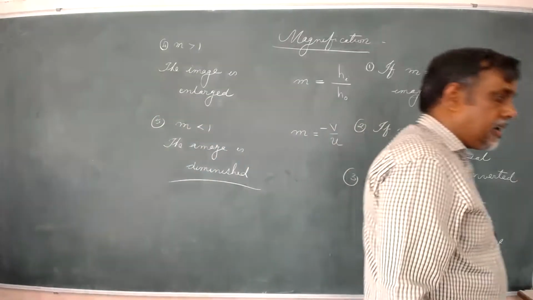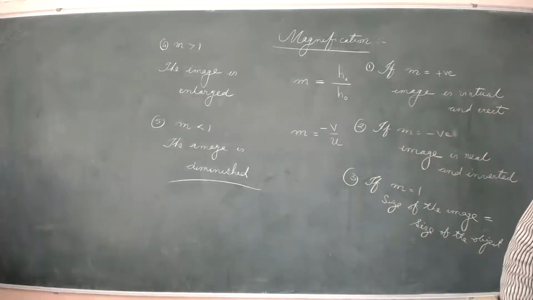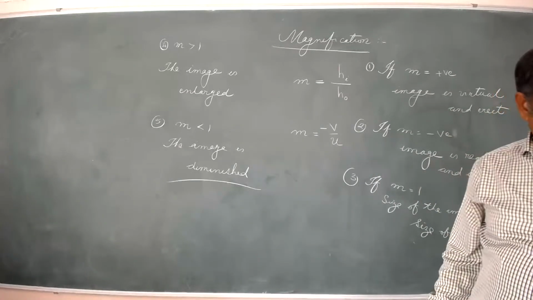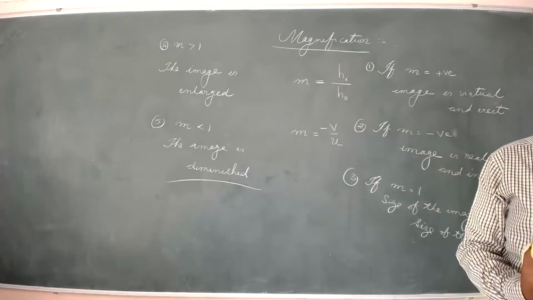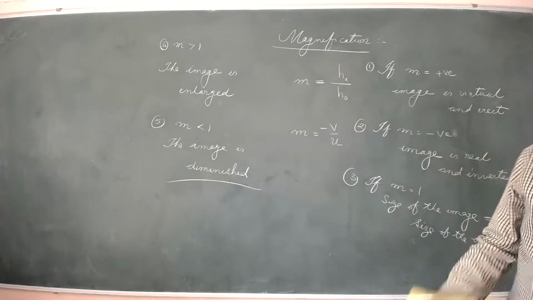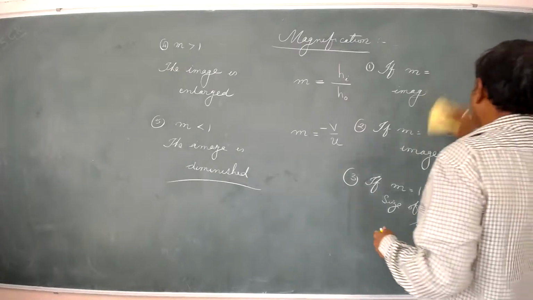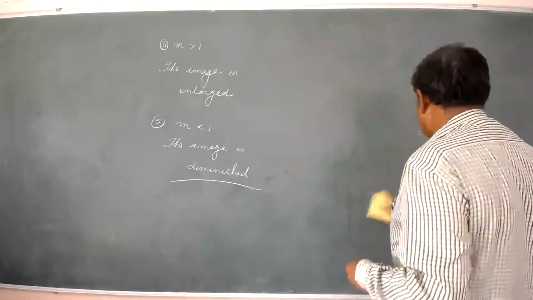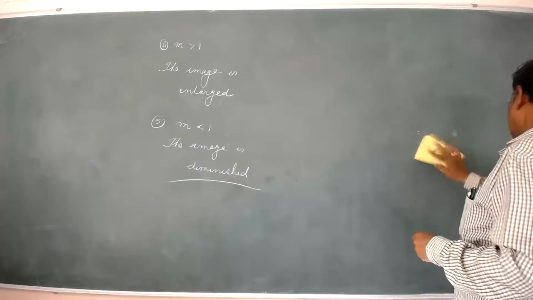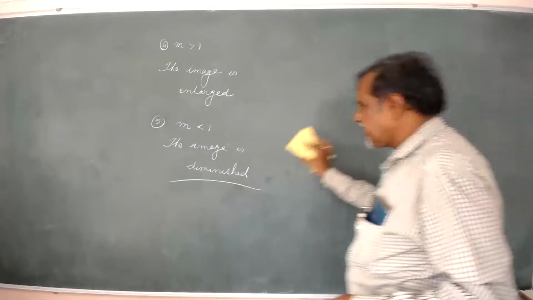Mirror formula. After mirror formula only we do this magnification. Okay. Next property, that is refraction of light.